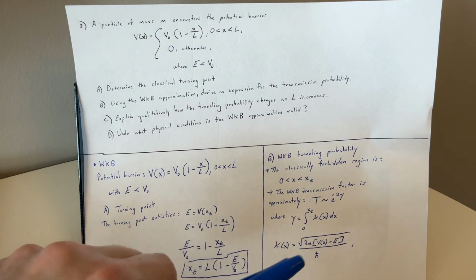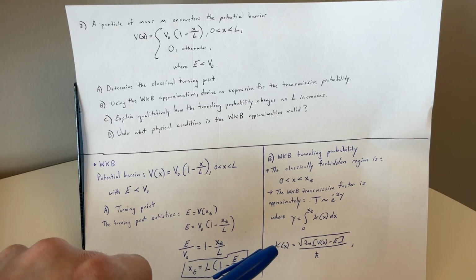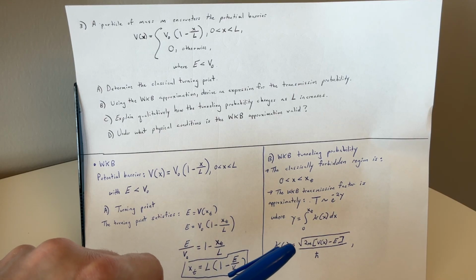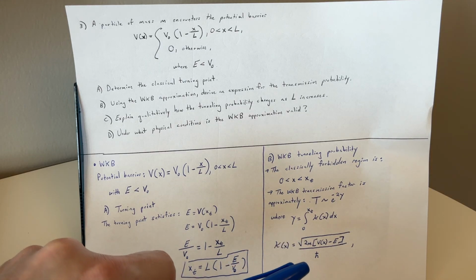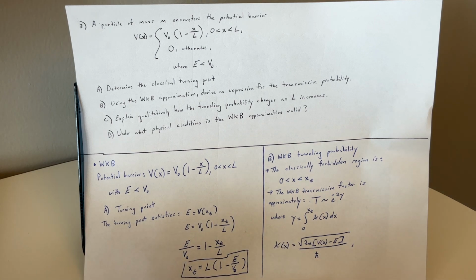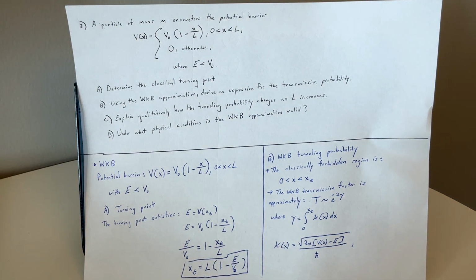Kappa of x equals the square root of 2m times the quantity V of x minus E, divided by h bar. So that's your kappa of x.